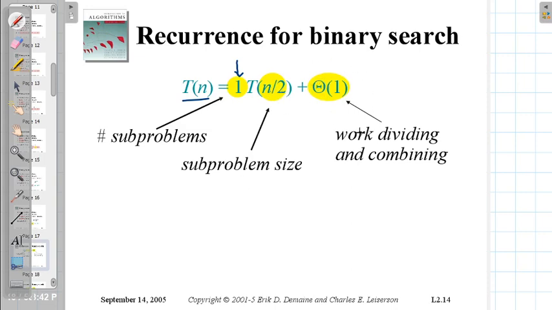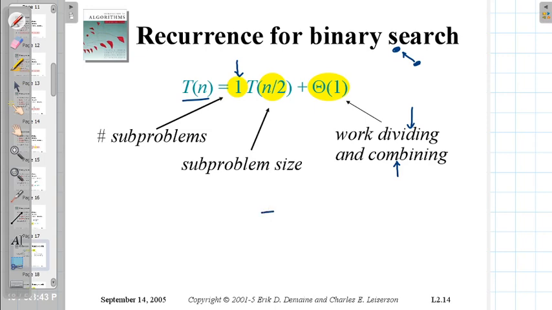Then the work for dividing and combining: combining is almost nothing, and in the divide we are only finding the mid element. That's it. And then we have one comparison operation. So the divide and combine operations take theta 1 time, that means a constant amount of time.